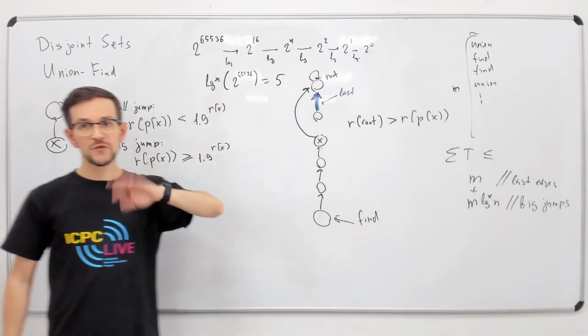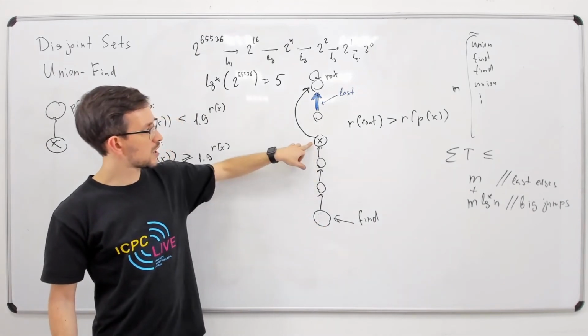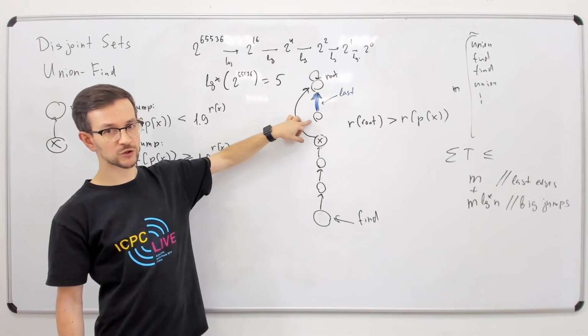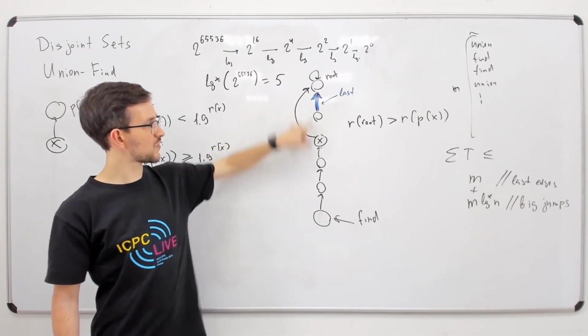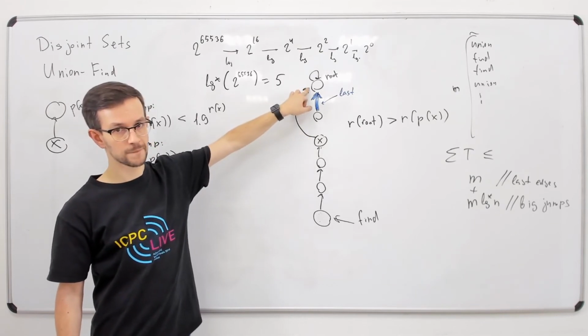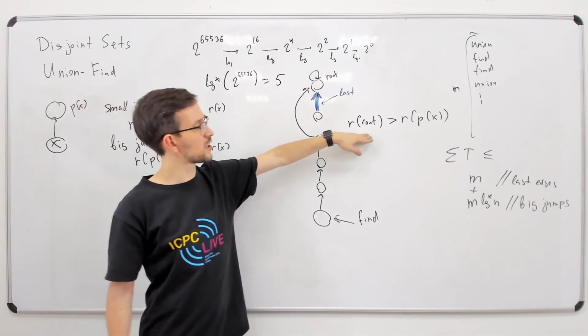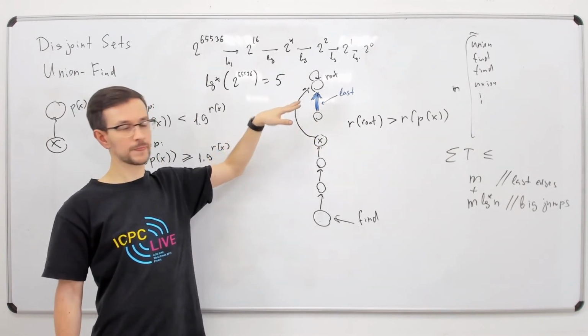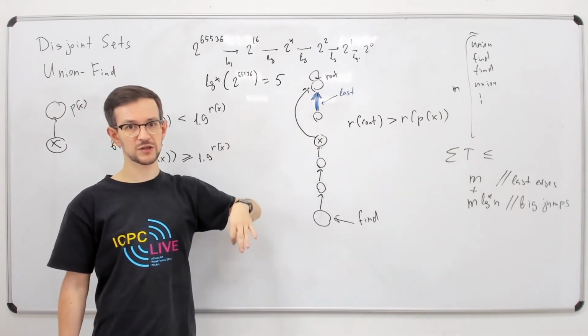Again, before we make this find, the pointer from x was to this element, the parent of x. And when we make this find, we move this pointer from this element to the root. The root has bigger rank than this element, because ranks are strictly increasing. Each parent has bigger rank than the children.